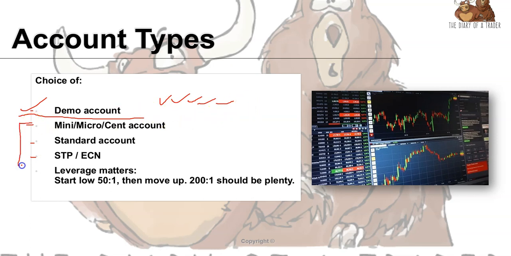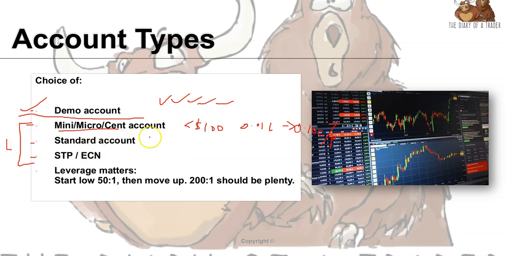Then you have these live accounts. Now, the mini, micro, or cent account is usually around a $100 account or lower if you're starting with less than that. And that will only allow you to take trades with 0.01 lots, which is roughly equal to 10 cents for every pip, approximately.